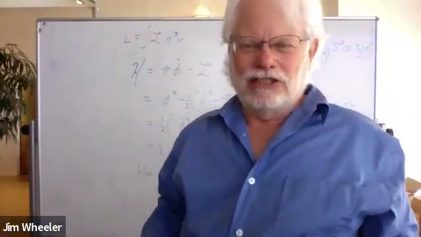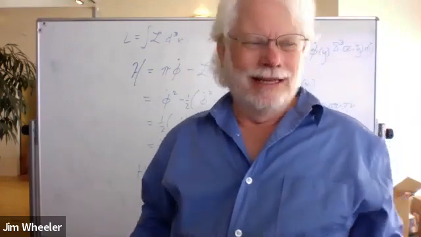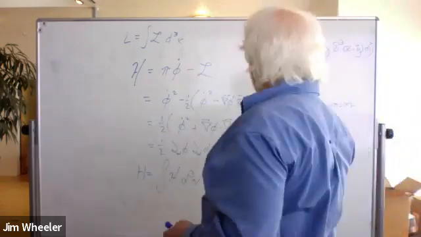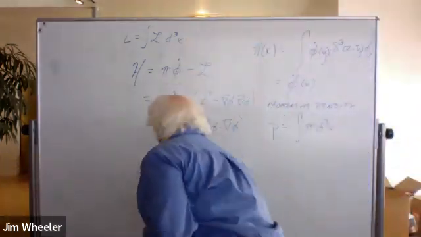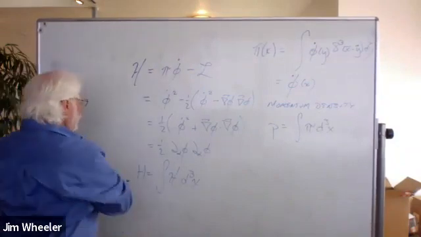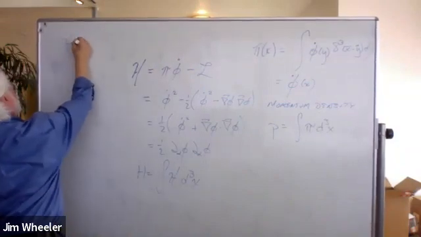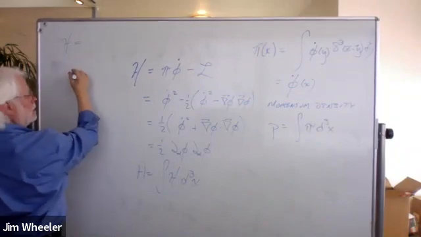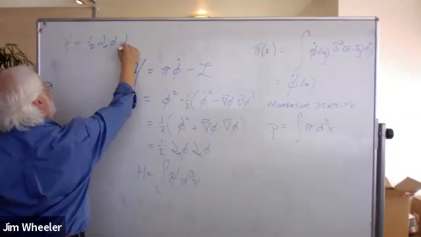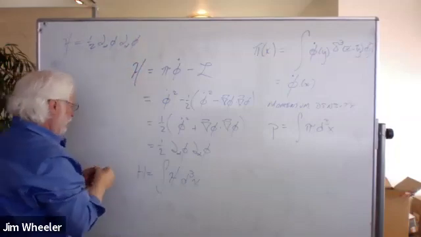The brackets we're interested in are equal time Poisson brackets or equal time commutators. So let me write our Hamiltonian somewhere where we have it. The Hamiltonian density is, d alpha phi. Not too hard to remember that.